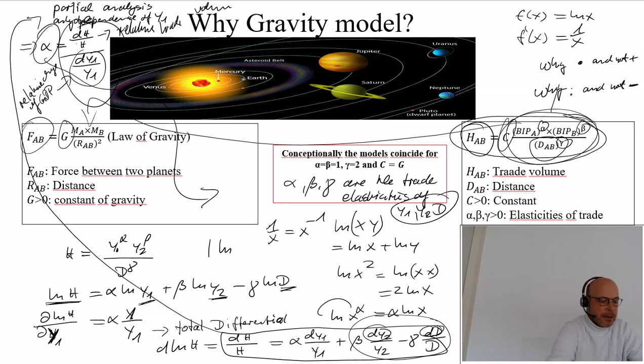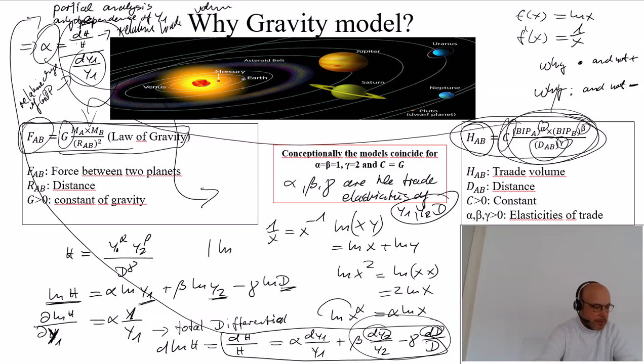get an explanation for the trade volume of two trading partners, and this function looks more or less like the famous gravity equation of Newton of the 17th century, when he explained the force between two planets.